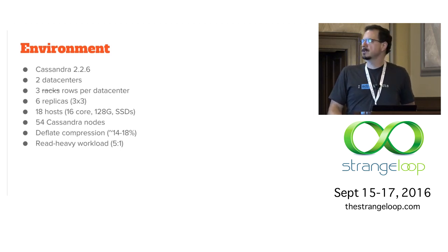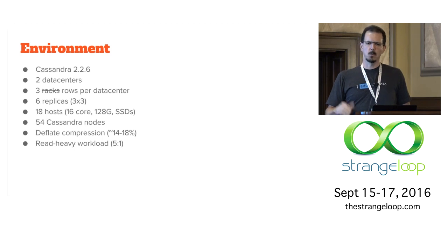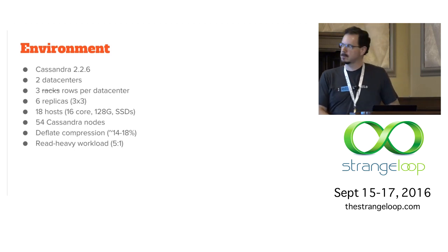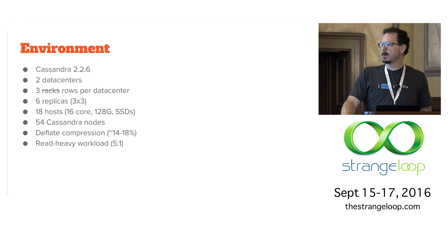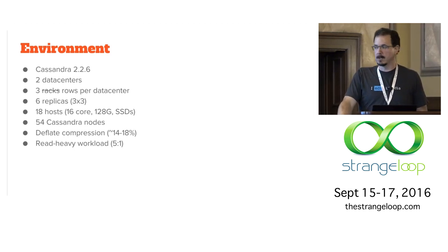Cassandra's default compression is LZ4. We're using deflate. We actually also see better compressed sizes, I think, than what most people do. I'll expound on that a little bit as well. And it is a read-heavy workload, which you might expect since I described it as a durable cache. But at a 5-to-1 ratio, maybe it's not quite as read-heavy as you might expect.